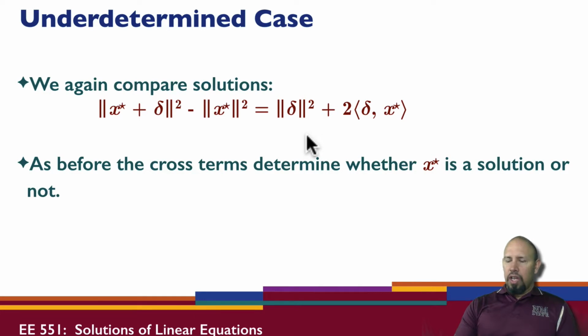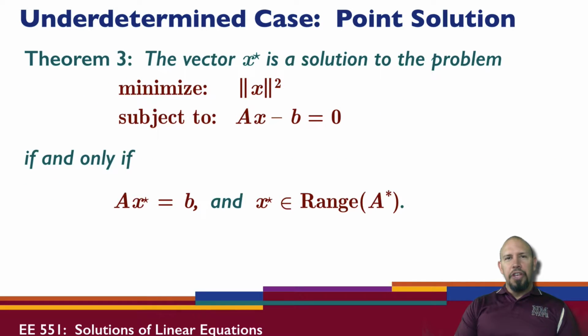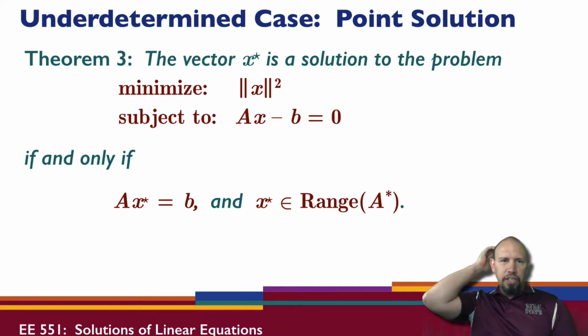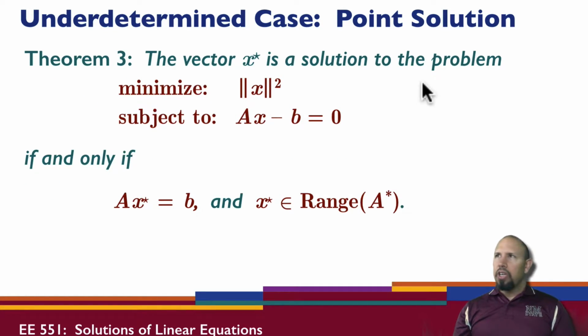Okay, and so that leads us to the theorem that establishes the point solution for the underdetermined case. The vector x star is a solution to this problem, norm of x squared minimized, subject to Ax minus b is equal to 0, if and only if Ax star is equal to b and x star is in the range of A adjoint. Wow, that's unusual. This is kind of an unusual looking condition.